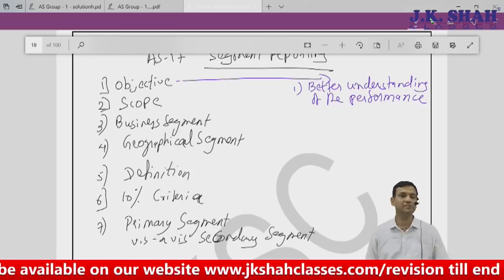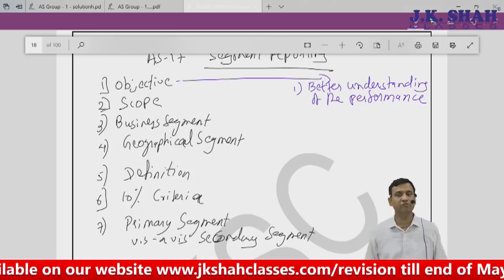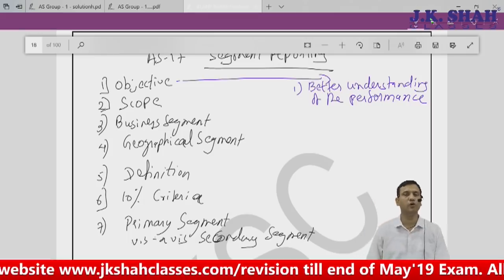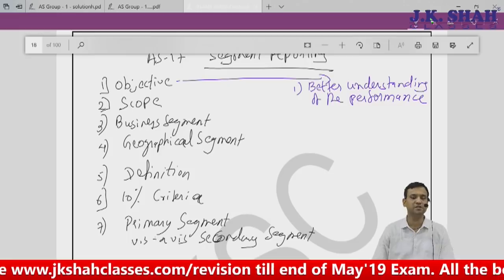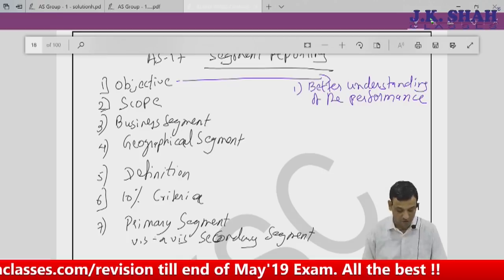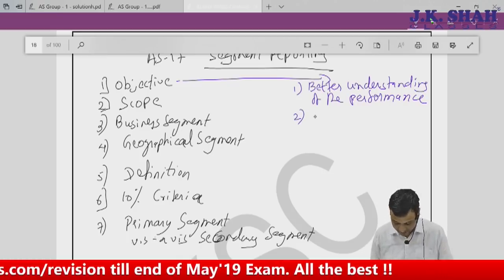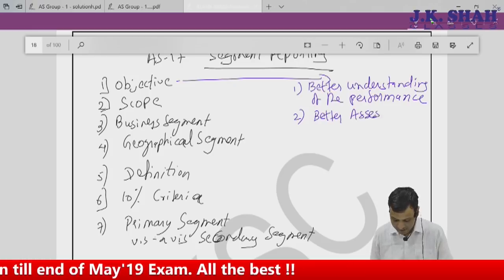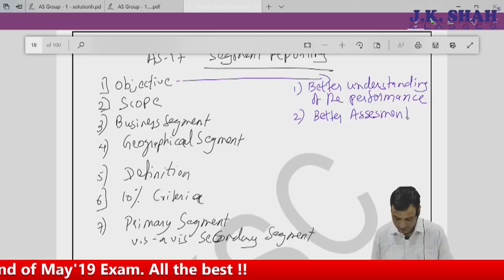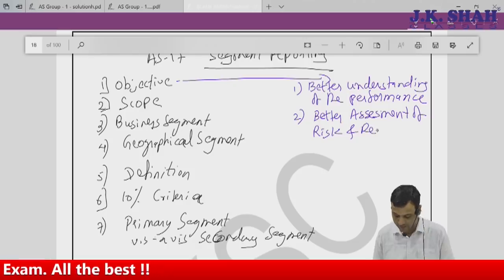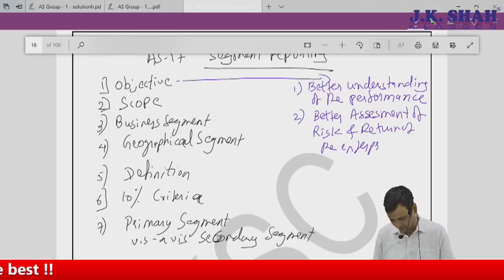You don't look at the entity as one single entity, but as different profit centers working towards the overall achievement of the objective, that is wealth maximization. I want to understand what the performance of that entity is. Second, a better assessment can be done of the risk and return of the enterprise.